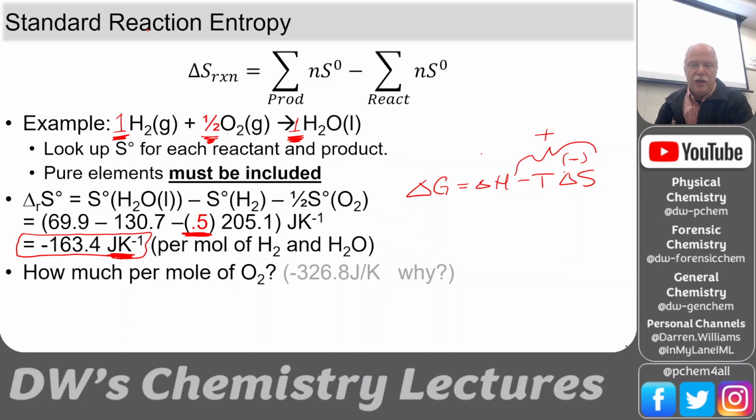But if this is super negative, in other words, it's exothermic, then it can overwhelm the reduction in entropy. And so we can have an exothermic reaction be spontaneous even if the entropy is reduced. But if the entropy is increased and it's exothermic, there's no way to stop it.